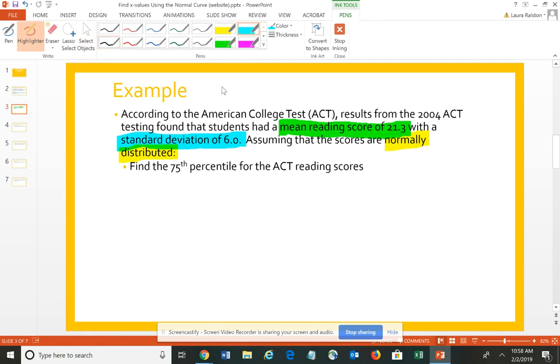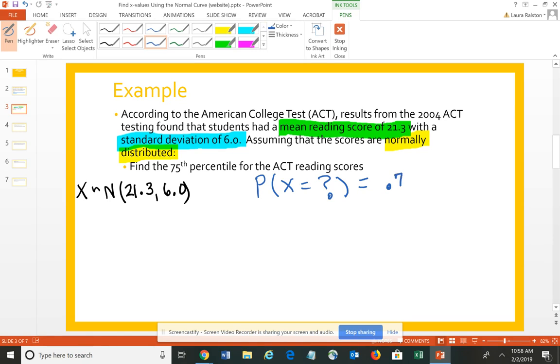So again, as shorthand, we can still say that X is approximately normal with a mean of 21.3 and a standard deviation of 6. Now the difference here is that we are saying the probability that X is some number, and I don't know what that number is, corresponds to the 75th percentile or to 75%.